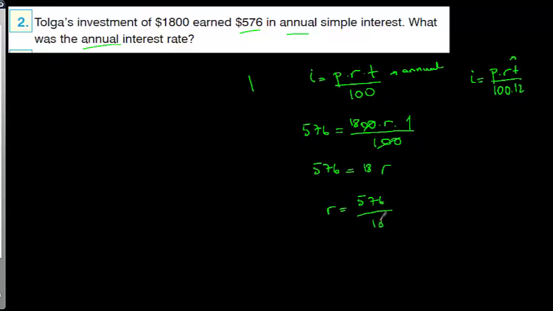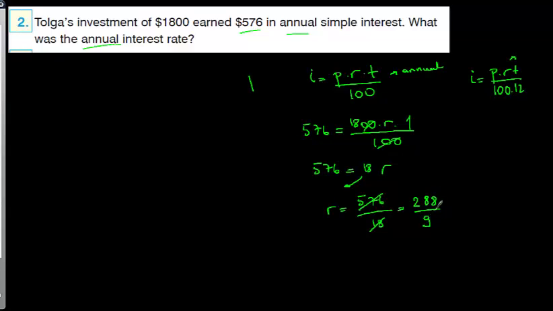576 over 18. You are going to do this as a division. We will divide by 2 and we will easily solve it like that. We are not going to use a calculator. So 576 over 2 makes 288 over 9.